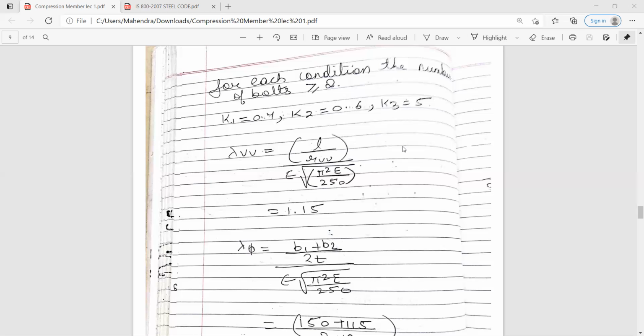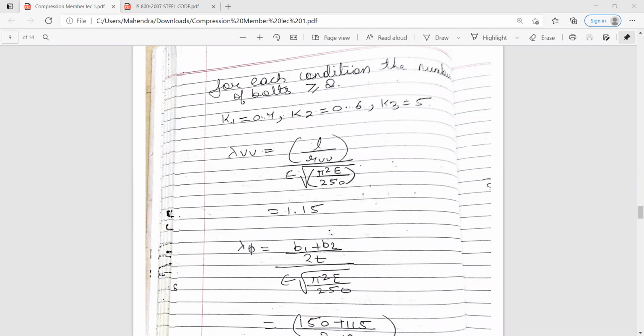Yes, see, so how much are you getting as the answer? L is 2500, then RVV, then epsilon is 1, E is 2 into 10 to the power 5 upon 250.